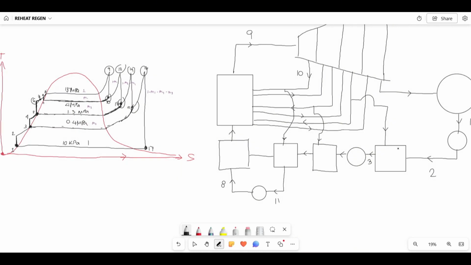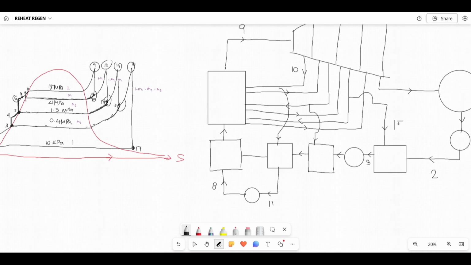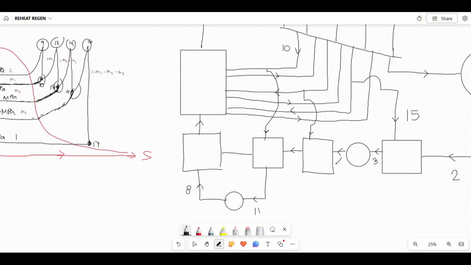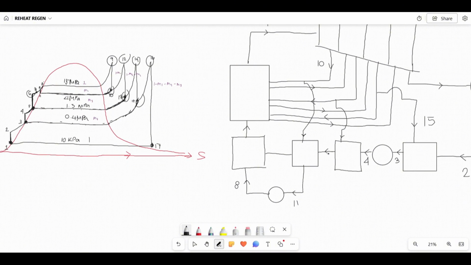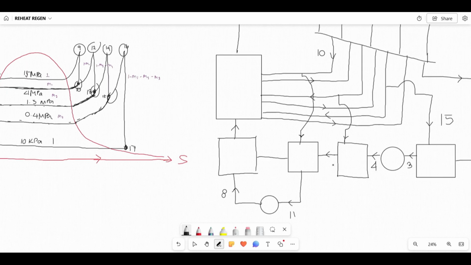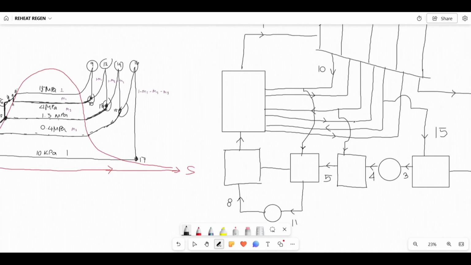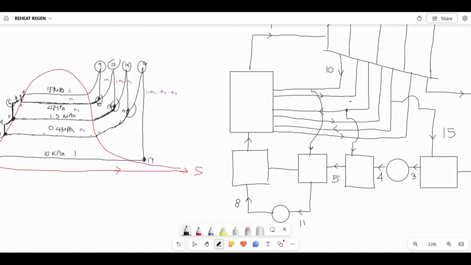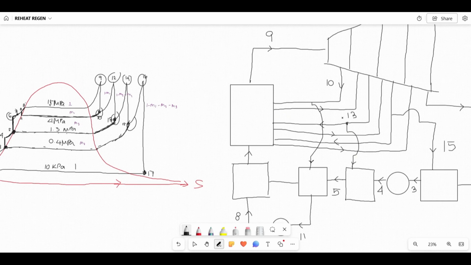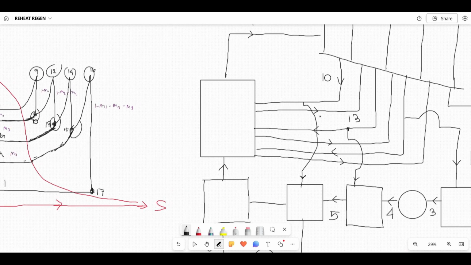This is 15. This is 4. This is the output, so this is 5. This point right here is 13. And this right here is 10.